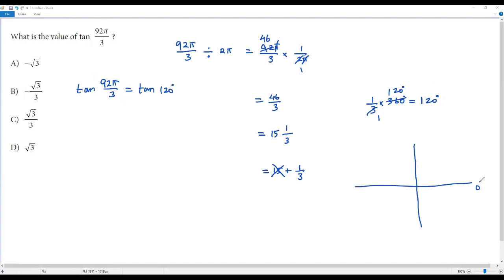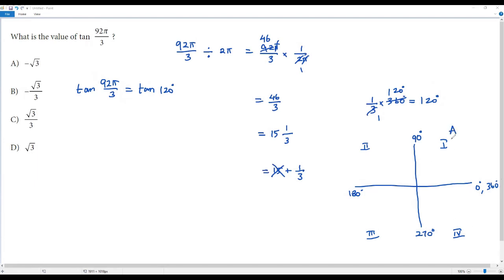Okay, now let's consider the 4 quadrants. Here we have 0 degrees, here 90 degrees, here 180 degrees, here 270 degrees, and here 360 degrees, that is the angle of one full rotation in degrees. This is quadrant number 1, this is quadrant number 2, this is quadrant number 3, and finally this is quadrant number 4. Now we can consider the ASTC concept.